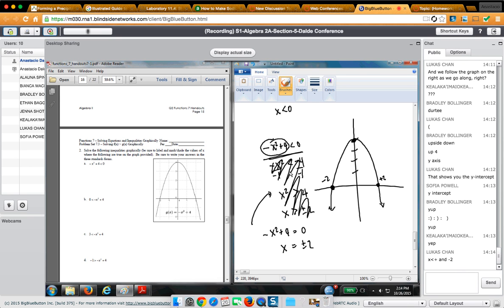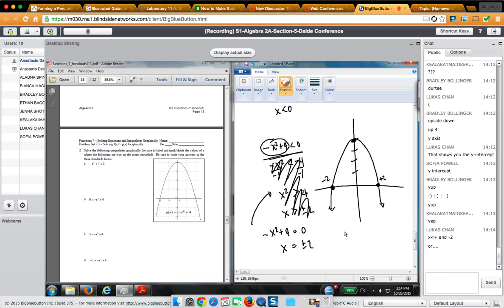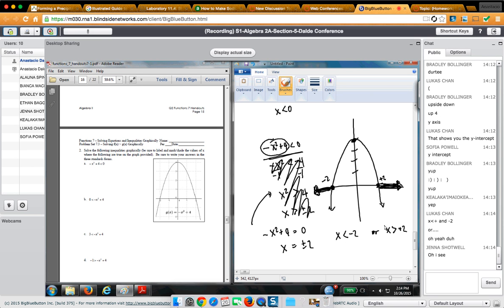Well, whenever x is smaller than negative 2, or whenever x is bigger than positive 2. And you can see that from the graph. Anywhere in this section right here, and anywhere in this section right here, gives me a y value that's negative. So that's the way you would answer.